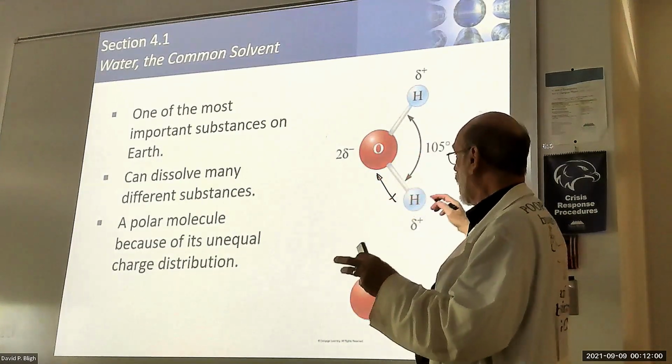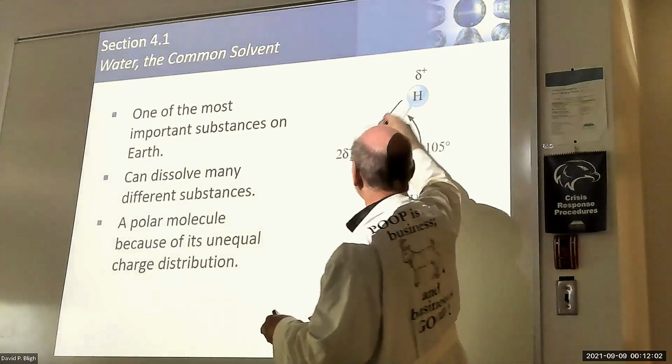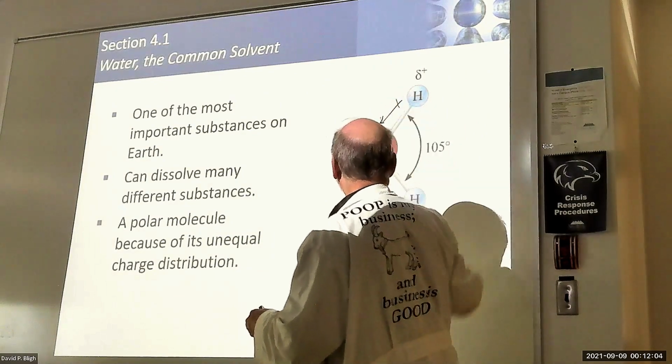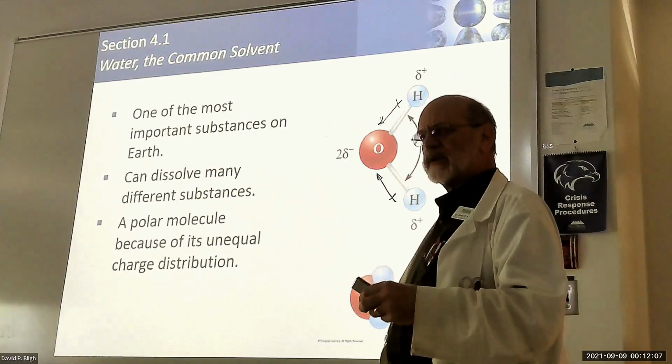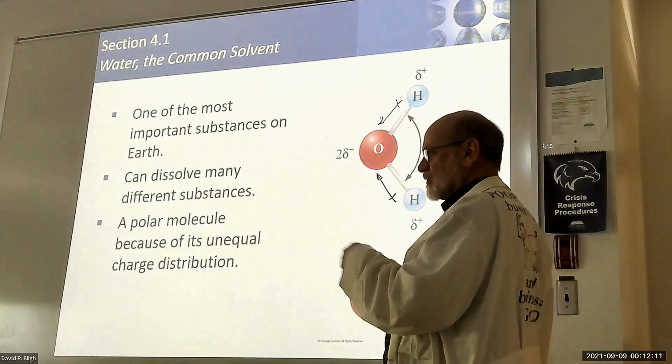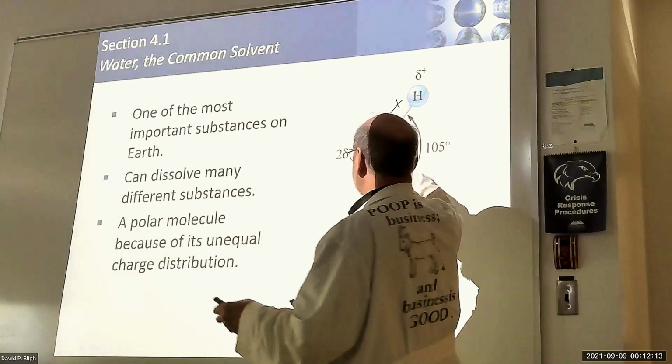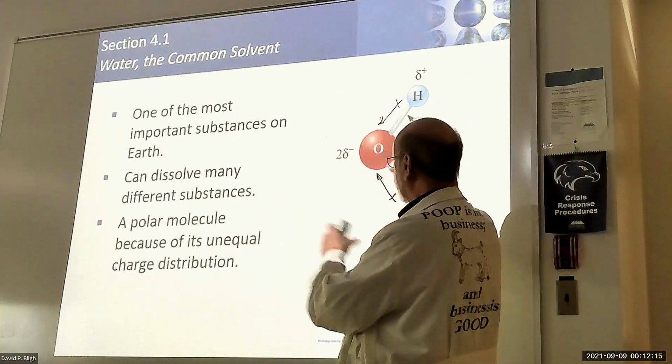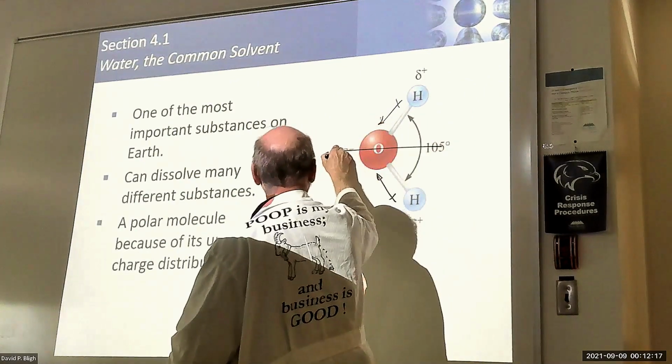So what it does overall, you know about vector addition? No, okay. Well, I'll just tell you. If you add these two vectors together, then overall for that whole molecule is that way.